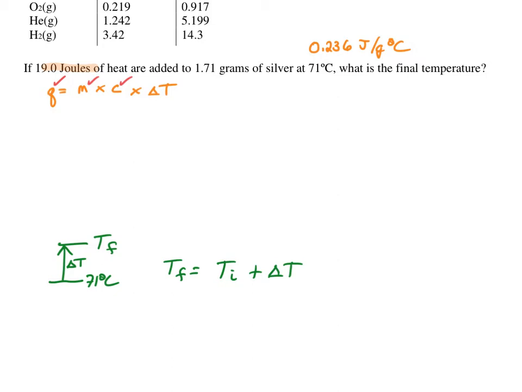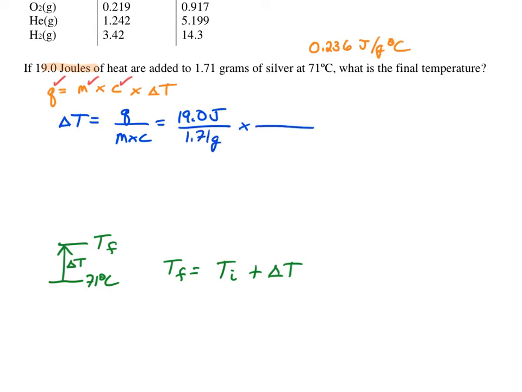So let's start. We know that delta T is going to be our value of heat divided by our mass and specific heat capacity. So Q is 19 joules divided by our mass, 1.71 grams.